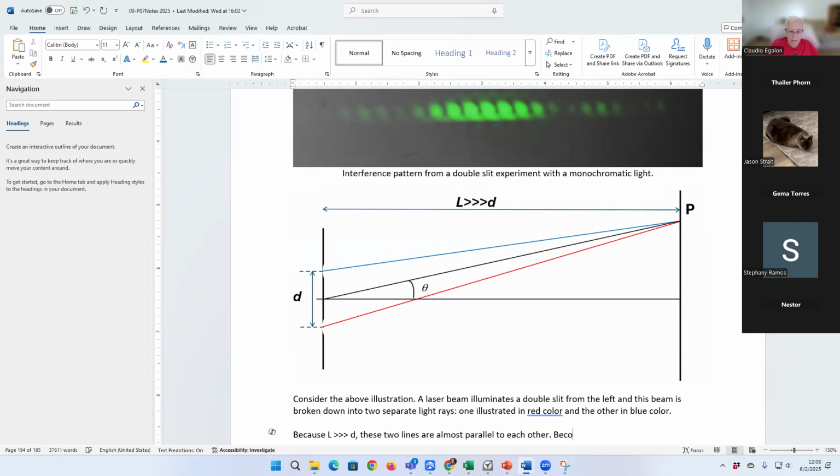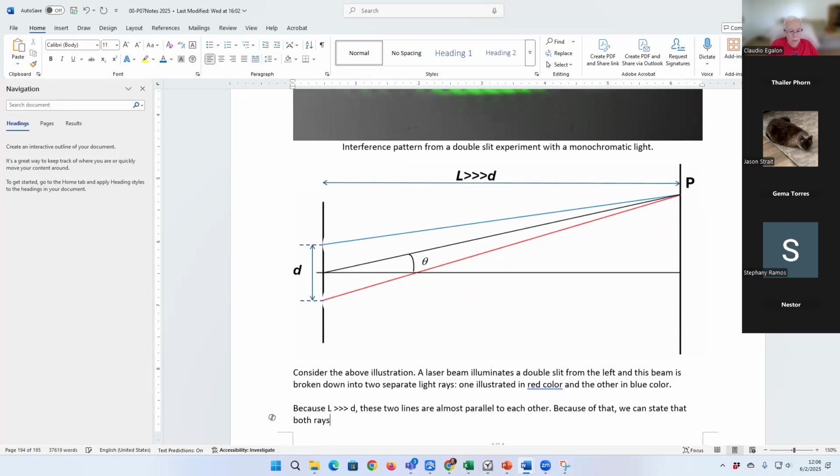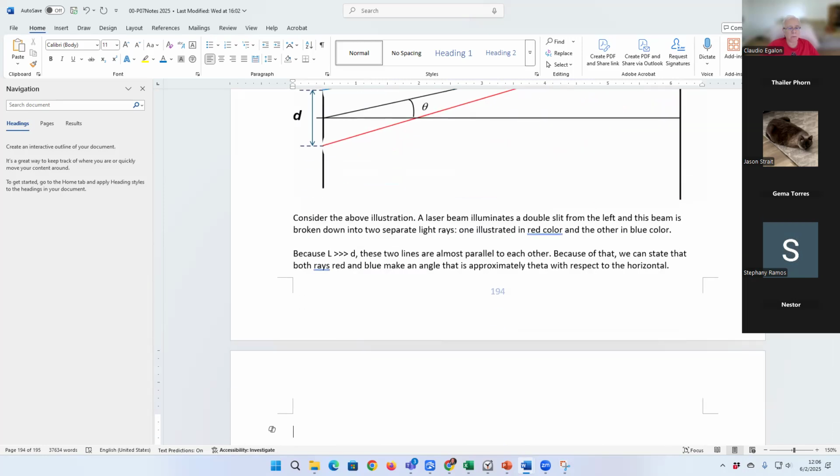Because of that, we can state that both rays, red and blue, make an angle that is approximately theta with respect to the horizontal.